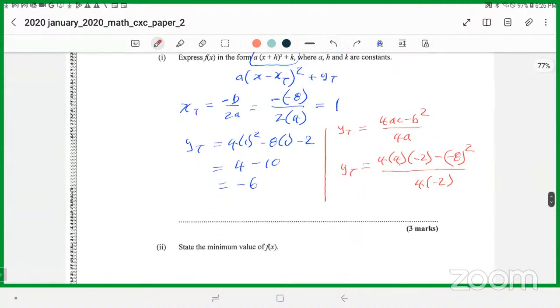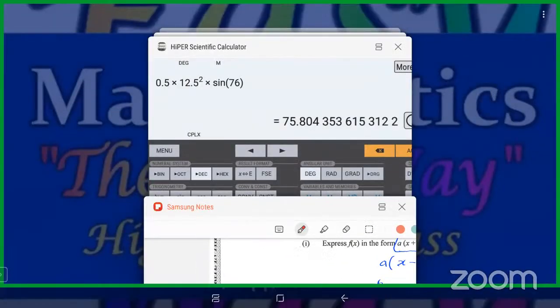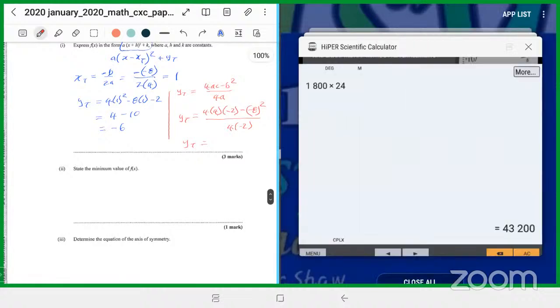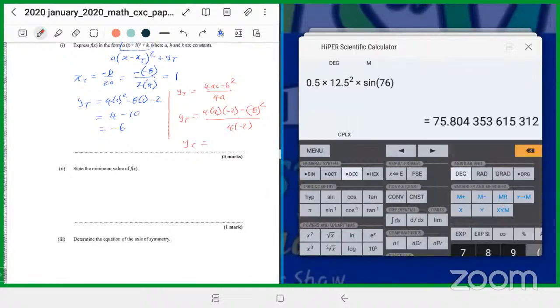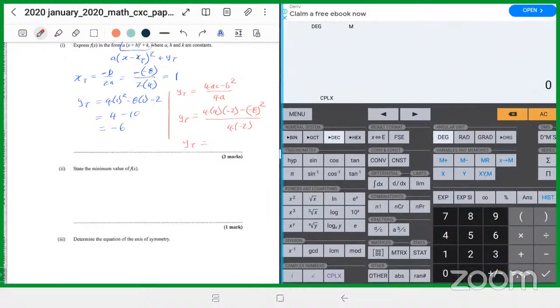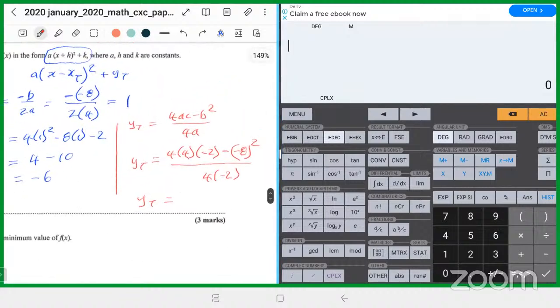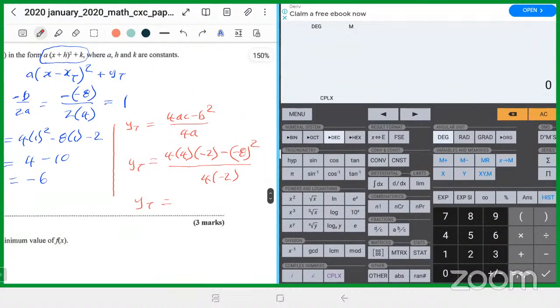So you see, you don't even get a lot of space to work. Let's just get a calculator and show that this is also negative 6, rather than working it down. You just don't like to do mathematics in a way that is more difficult than it has to be.